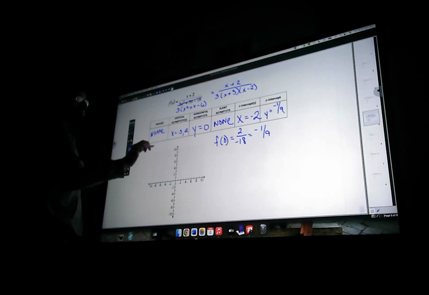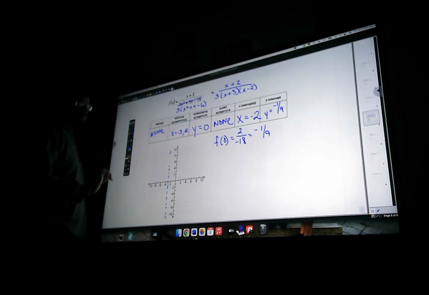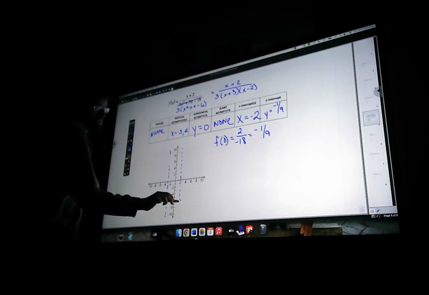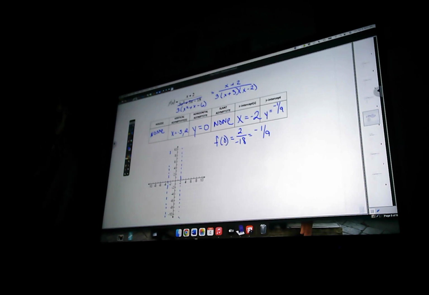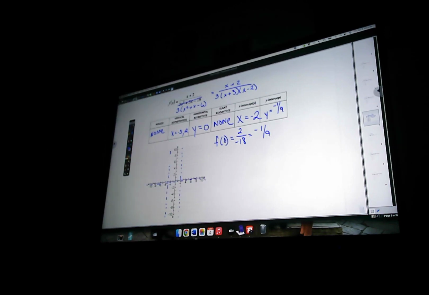Vertical asymptotes at -3. Yes, you have to make those noises. X equals 2. Horizontal asymptote at y equals 0. No slant asymptote, x-intercept at -2.